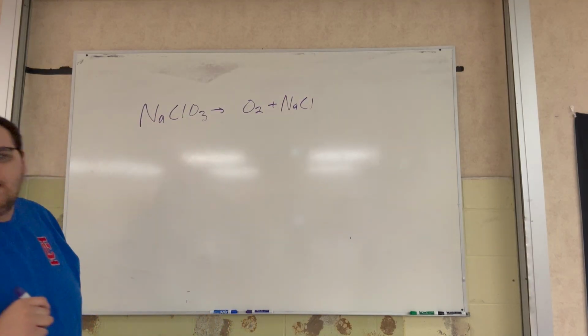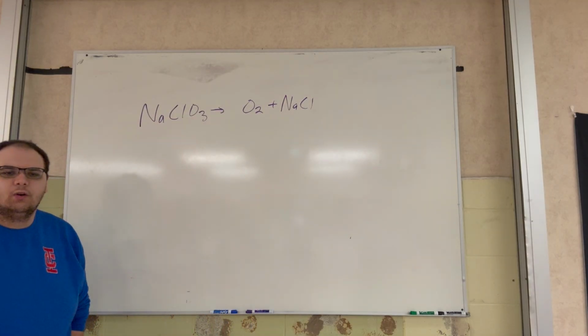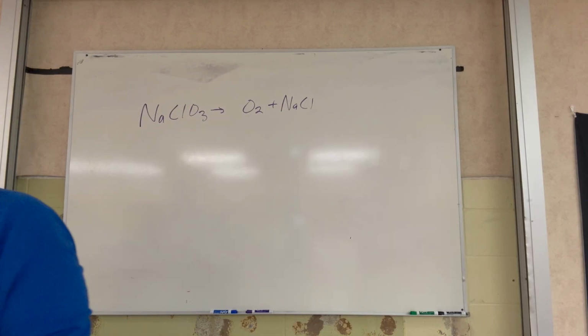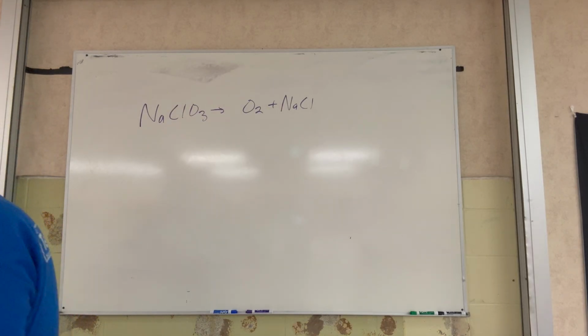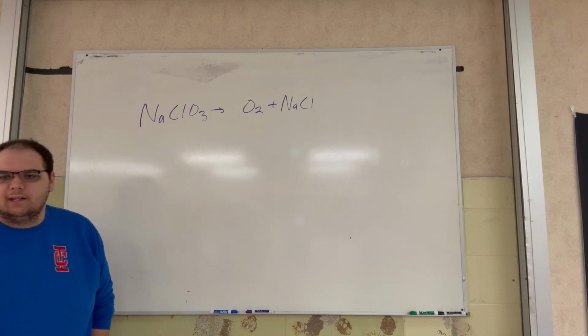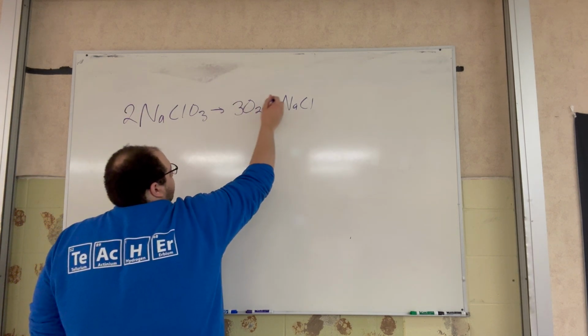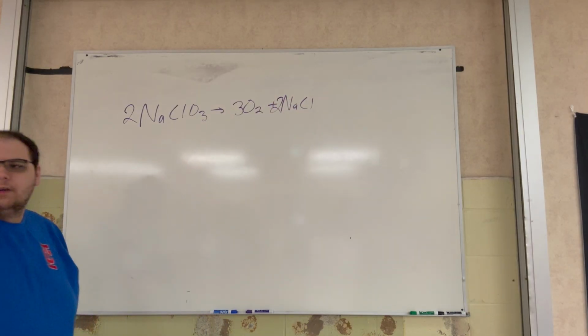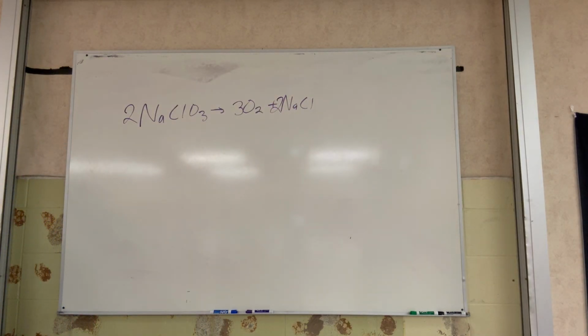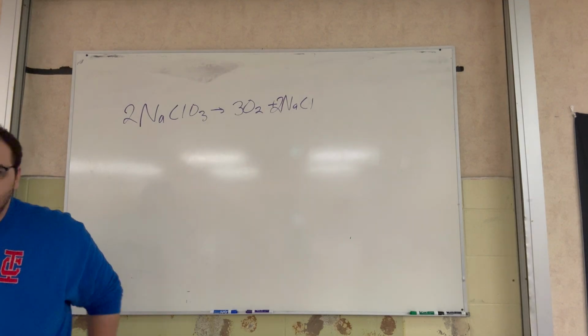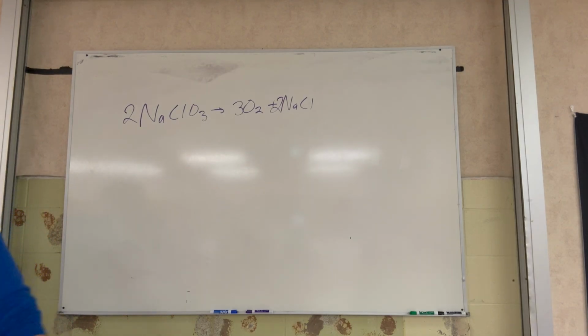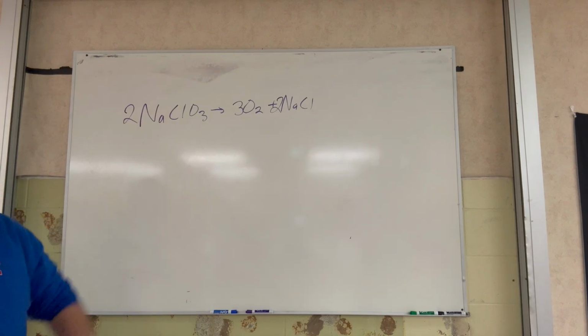Hopefully you can see right away that this is not balanced. I'm not going to waste a lot of time today working on balancing. If balancing is still something you're having a really hard time with, you need to come talk to me so we can get you caught up. But for those of you that are good at balancing, hopefully you saw that this is a 2-3-2 for balancing, or 2-2-3 if you wrote it backwards.